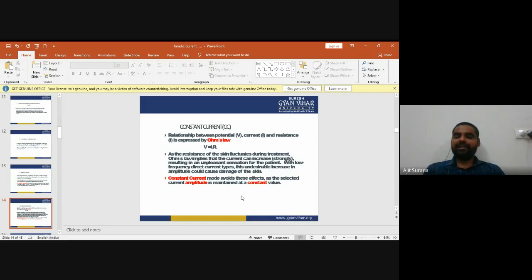As the resistance of the skin may fluctuate during treatment, Ohm's law implies that the current can increase strongly, resulting in an unpleasant sensation for the patient.